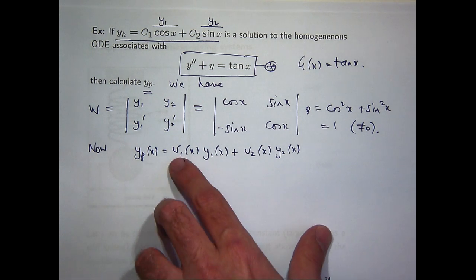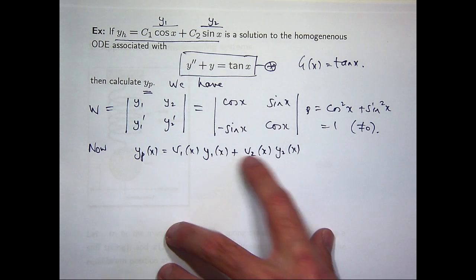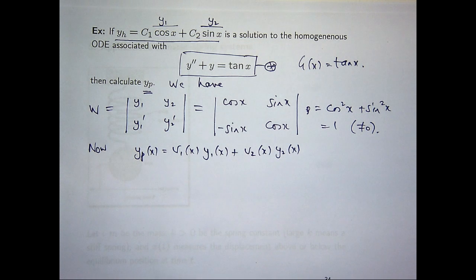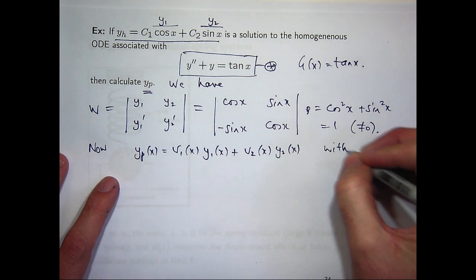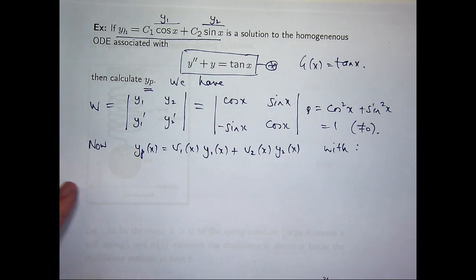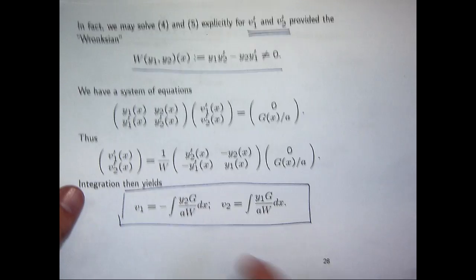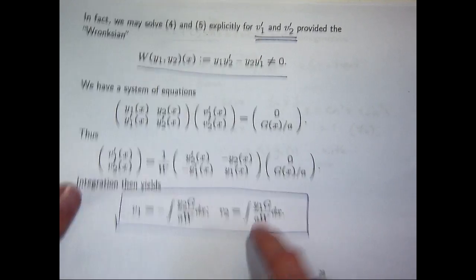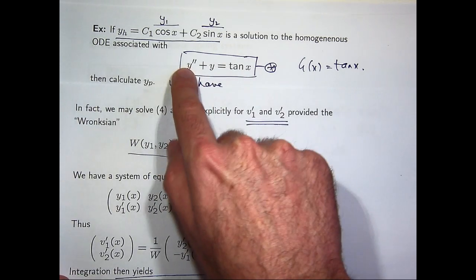What we're trying to do is get these coefficient functions, v1 and v2. If we can calculate them, then we've got y sub p. Let's calculate v1 first. Again, I'm going to go back to this formula here. The a, in this case, is going to be 1, the coefficient of y double prime.